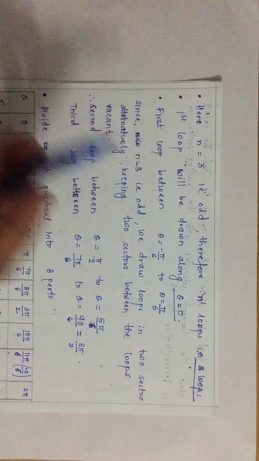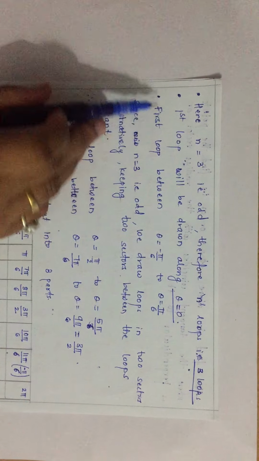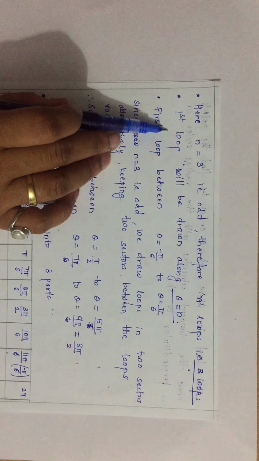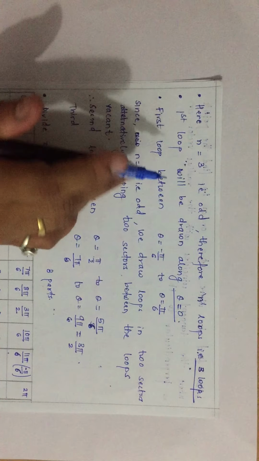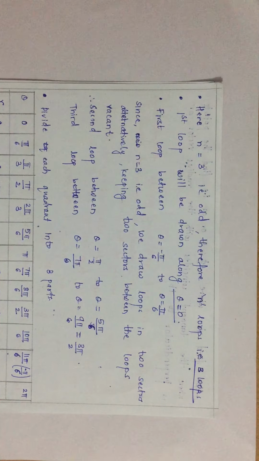Now, how to trace out the loops, or where will the loops start from? For that, we should know where the first loop is drawn. We have seen in the rules that the first loop depends on whether the equation is r equal to a cos or r equal to a sin.